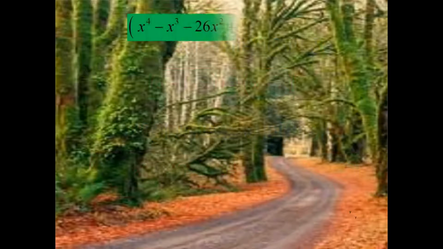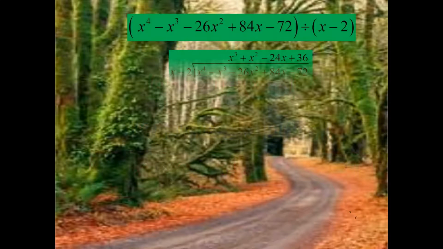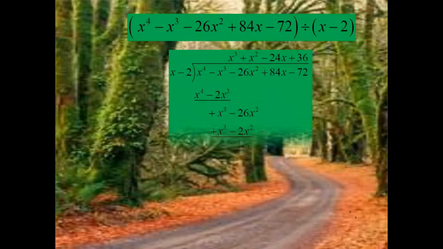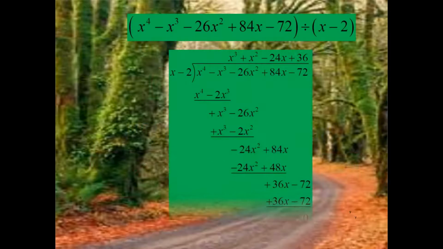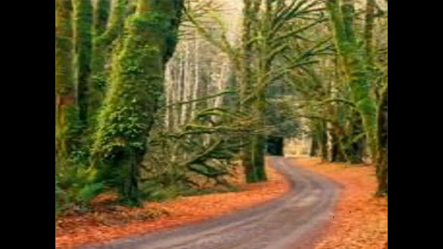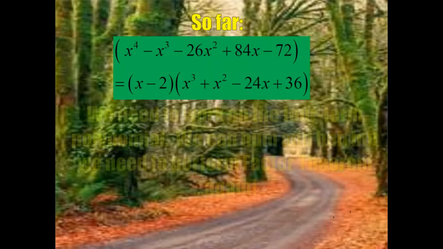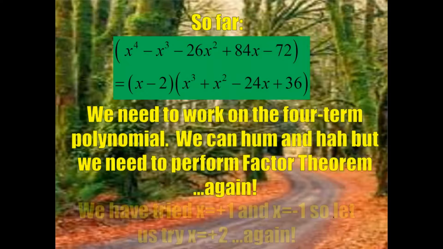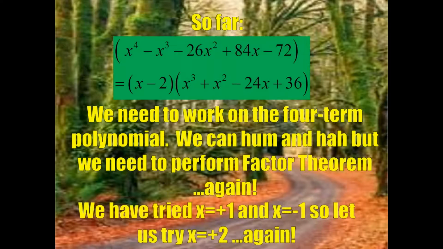And, as always, careful. Watch out for subtraction. But it does work out to a nice number. So far we have this long expression equal to x minus 2 times another long expression. Now we need to work on that 4-term polynomial, and we can hum and haw, but we're going back to factor theorem.